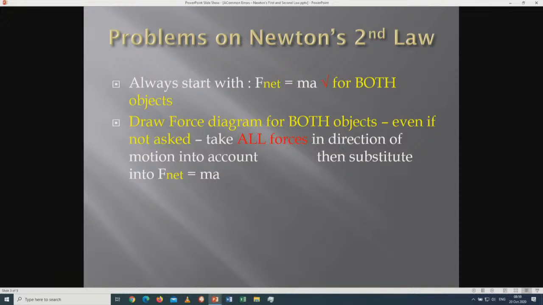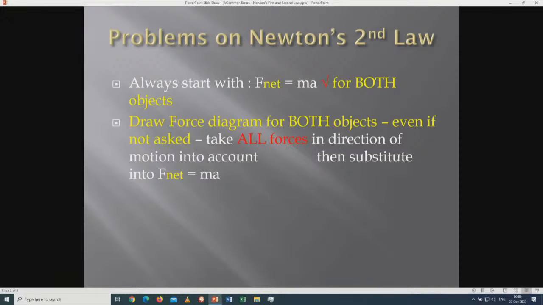You can't attempt to solve a Newton's second law problem without a free body diagram for both objects, or at least all the objects given in that question.